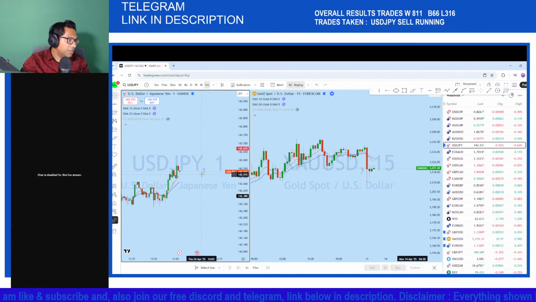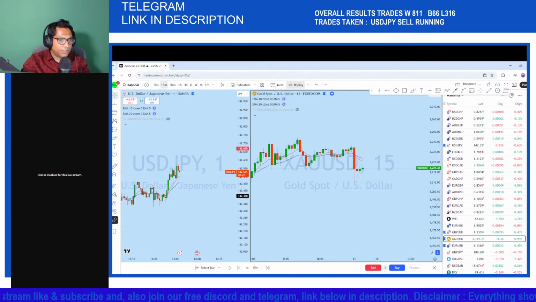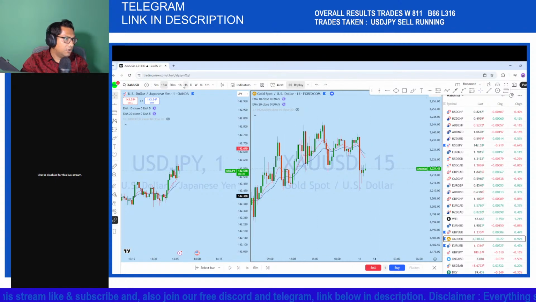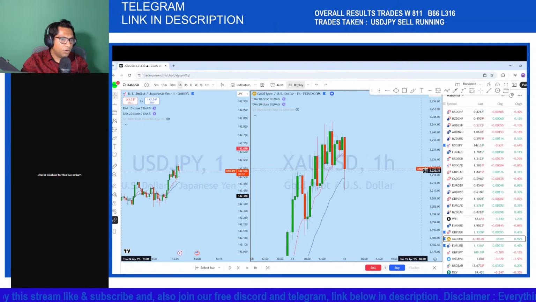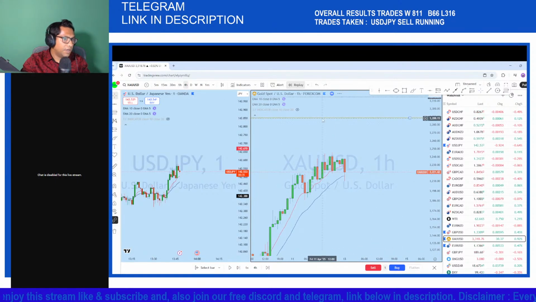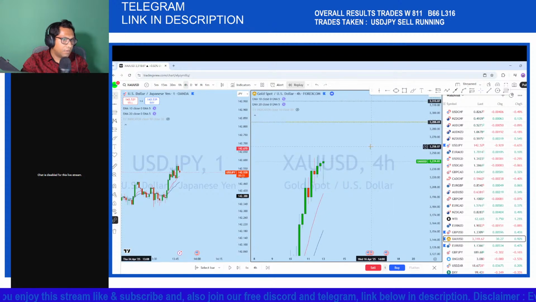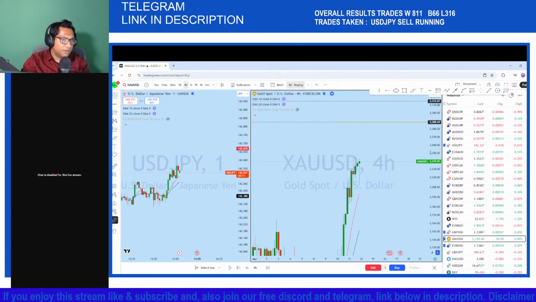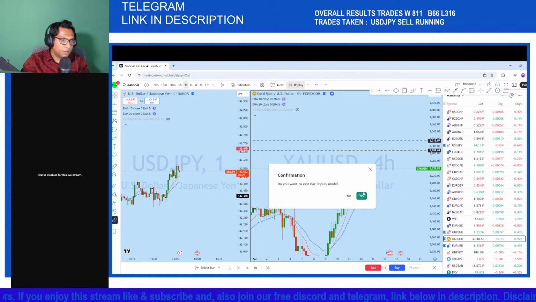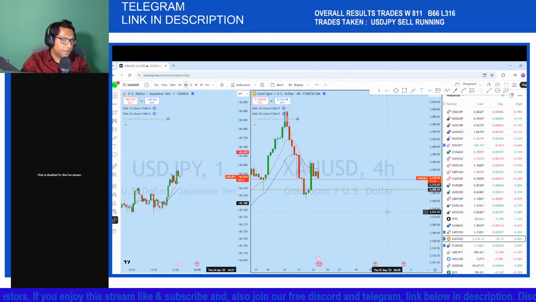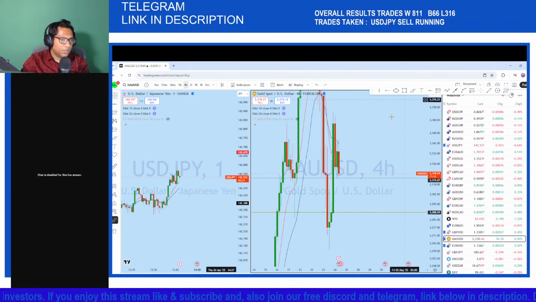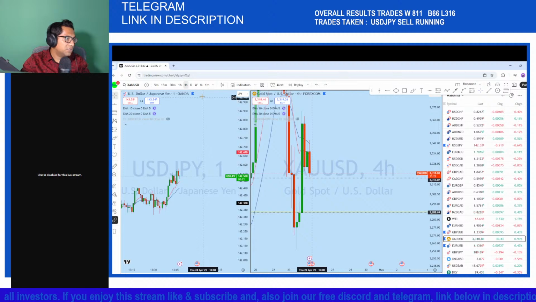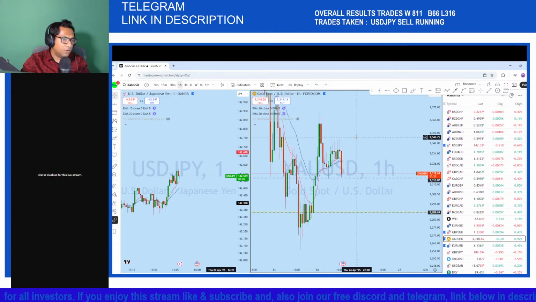Where you can see dollar yen on the 1 minute, and looking at XAUSD, what kind of price action it is forming on XAUSD. So this is where, what's happening. Yeah, lower time frame on XAUSD, after break of this high, the price is slowly coming down.